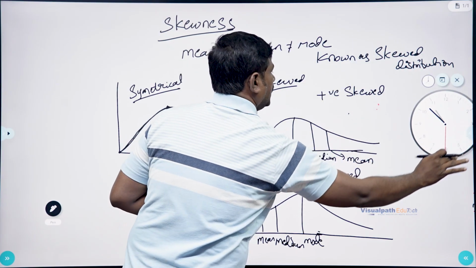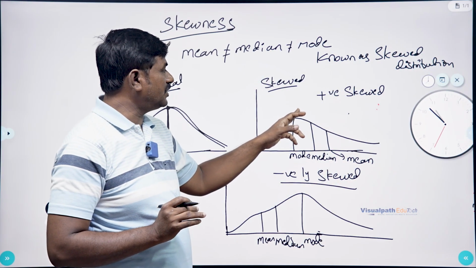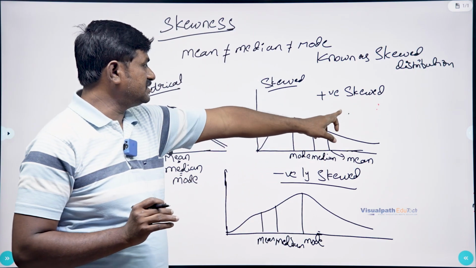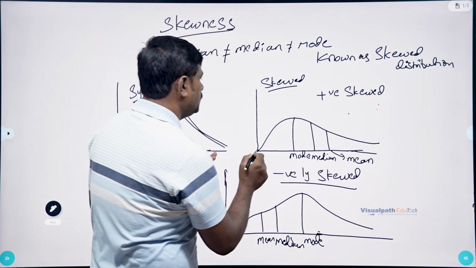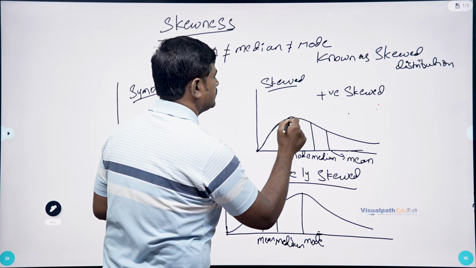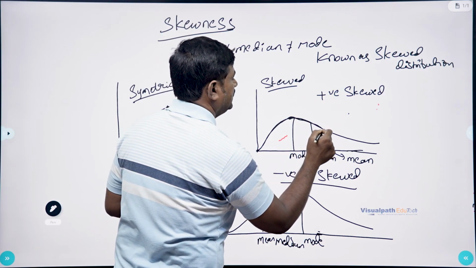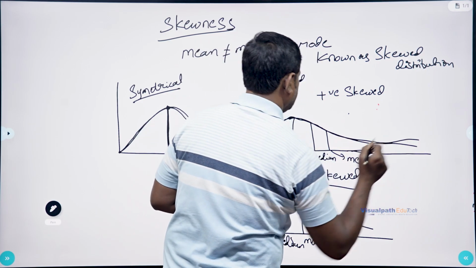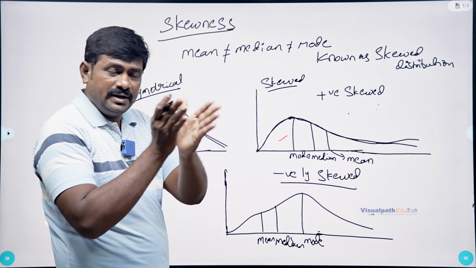Coming to the positively skewed distribution, the normal distribution curve takes its highest point at the mode, and it goes down like this. So this is a positively skewed distribution.